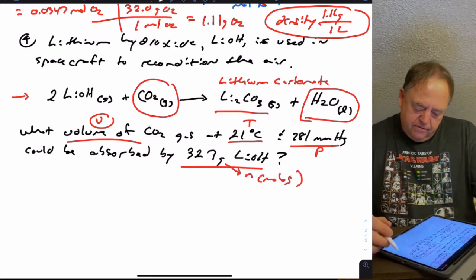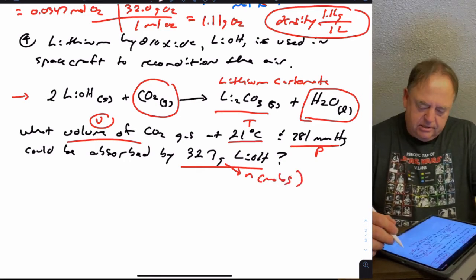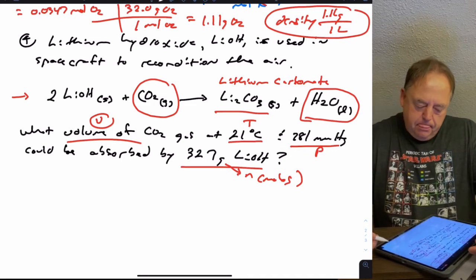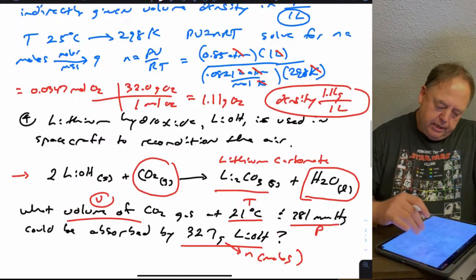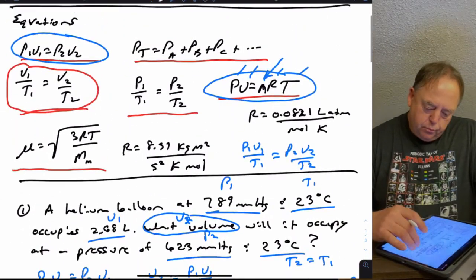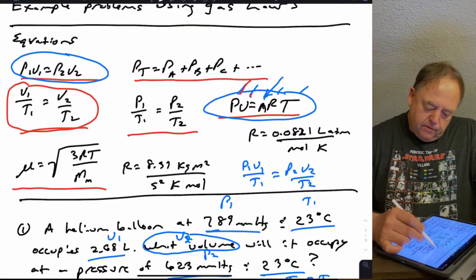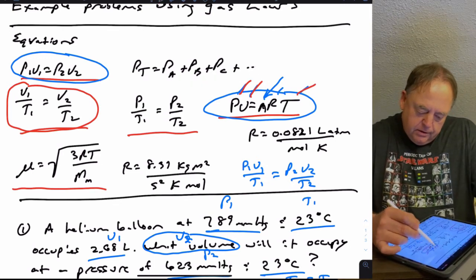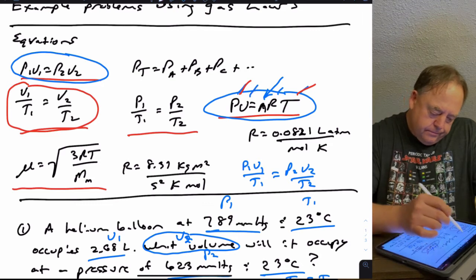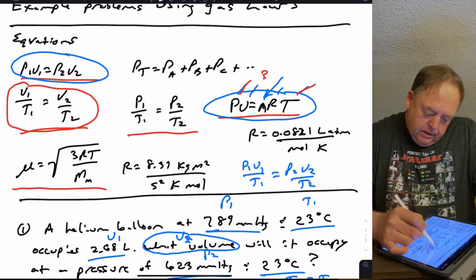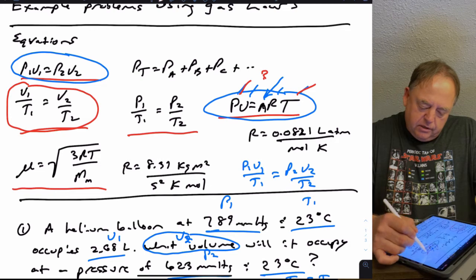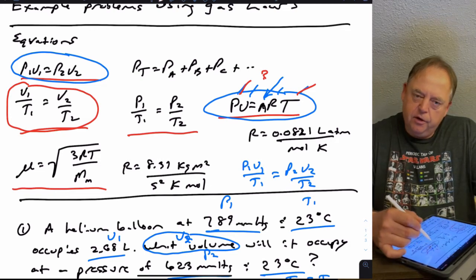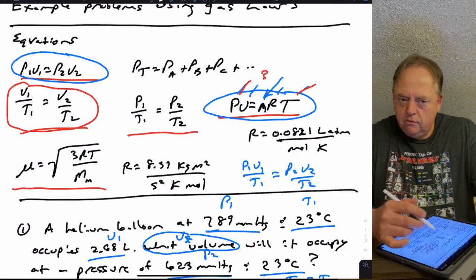So basically we're given T, P, and N, and asked to solve for V, but we're given moles of lithium hydroxide. And so what equation relates pressure, volume, and temperature? Well, we want to solve for volume. We're given a pressure, a temperature, and moles of lithium hydroxide, but we can use that to figure out moles of CO2, which will allow us to solve for volume.